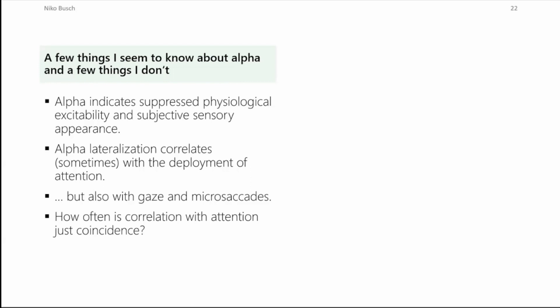What I am saying is that we should be careful doing it the other way around, using the observation that in an experiment alpha was lateralized somewhere, and doing a reverse inference based on that to infer that this must probably show that there was selective processing going on, there was distractor inhibition going on, and alpha is the causal mechanism for that.